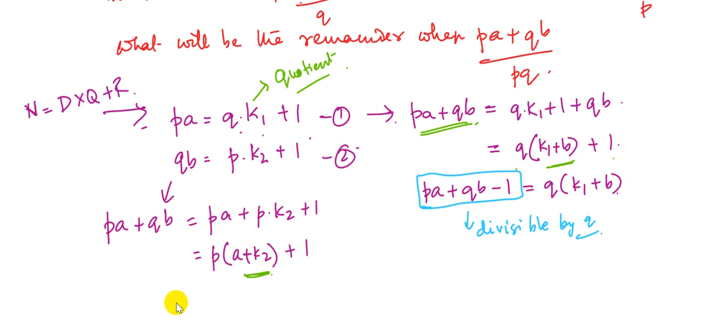Clear? So then I can write PA plus QB minus 1 is equal to P into A plus K2.